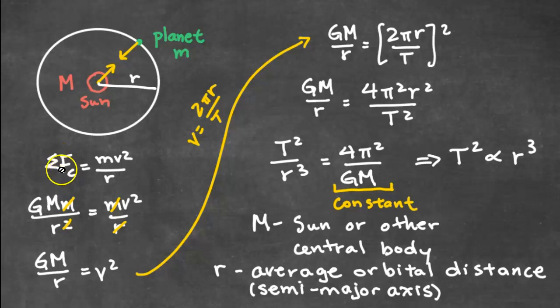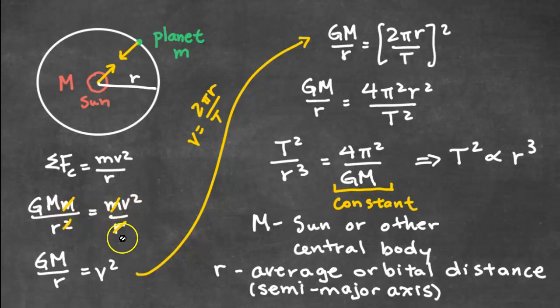The equation for gravitational force between 2 masses is big G, the gravitational constant, times the product of the 2 masses. Big M is the mass of the sun, little m is the mass of the planet, divided by r squared. R is the distance between the sun and the planet, or the radius of the orbit.